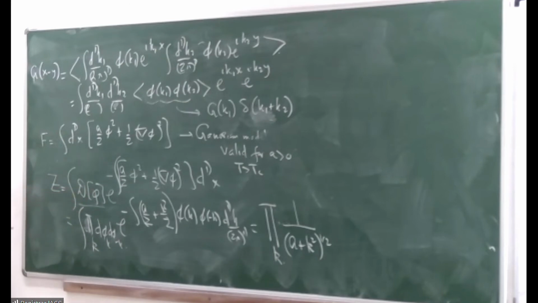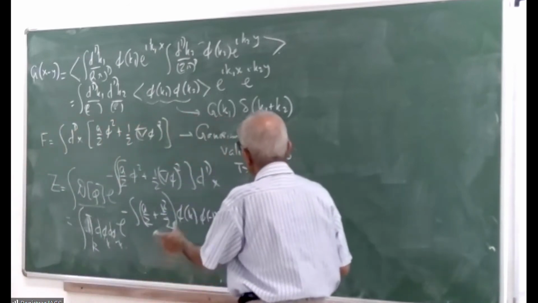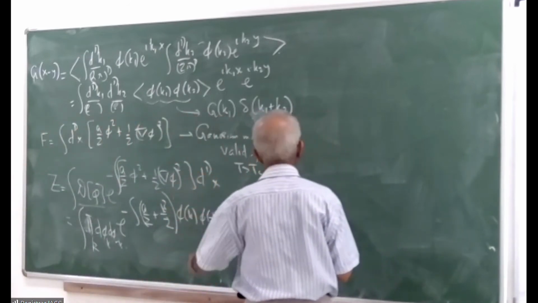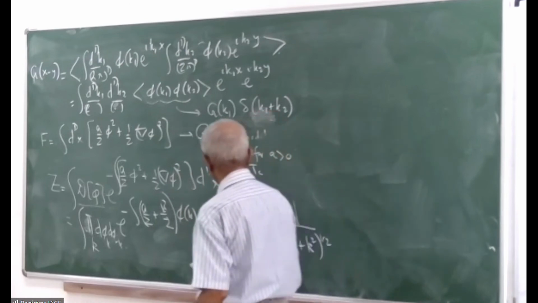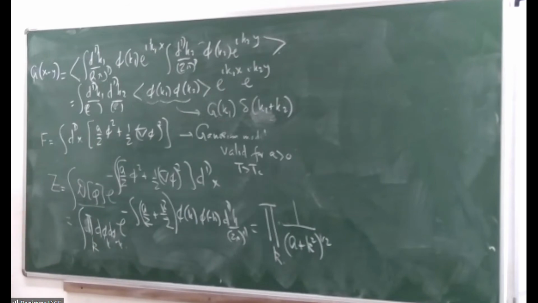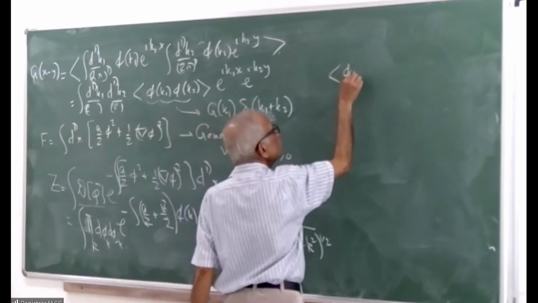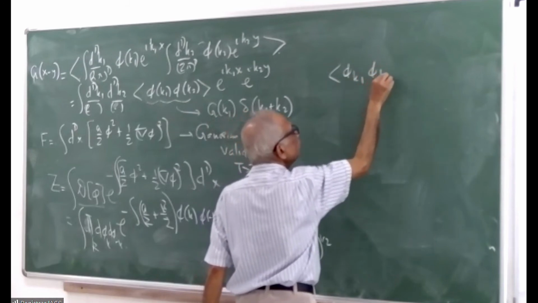If I have somebody's expectation value, I put that in over here, evaluate that integral, divide by the Z. Right? That is the thing to do. So it is the Z, as written down over here, looks like this and gives you this. So imagine that I have to calculate the expectation value of phi k1 phi k2.